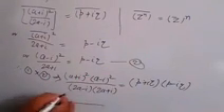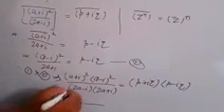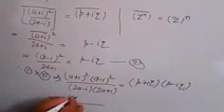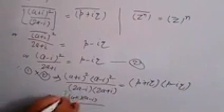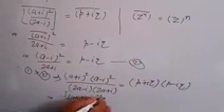So write it in this way: (a + i) into (a − i), and the whole square of that.